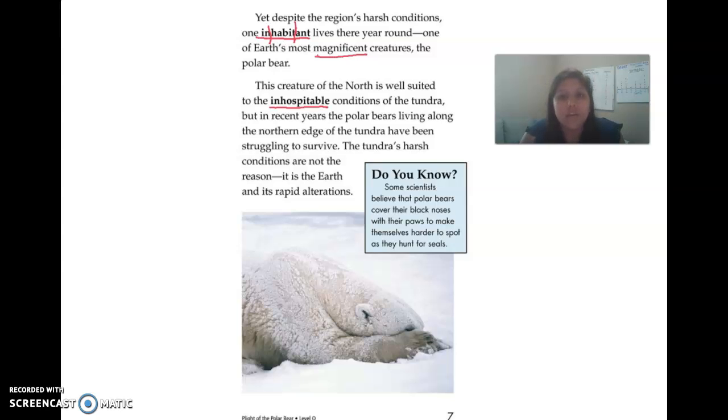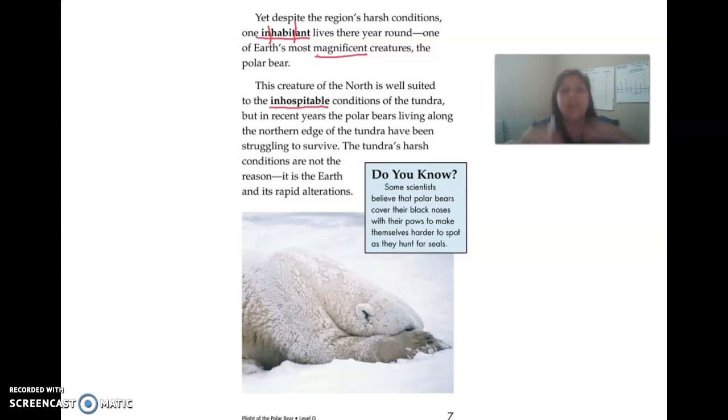The next word that I have is magnificent. It says, one of the Earth's most magnificent creatures, the polar bear. That just means something great, a great creature. And the last one I have is inhospitable.